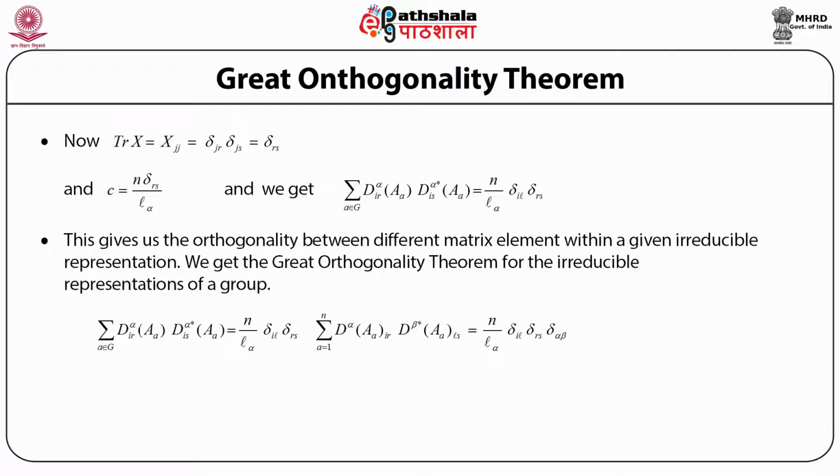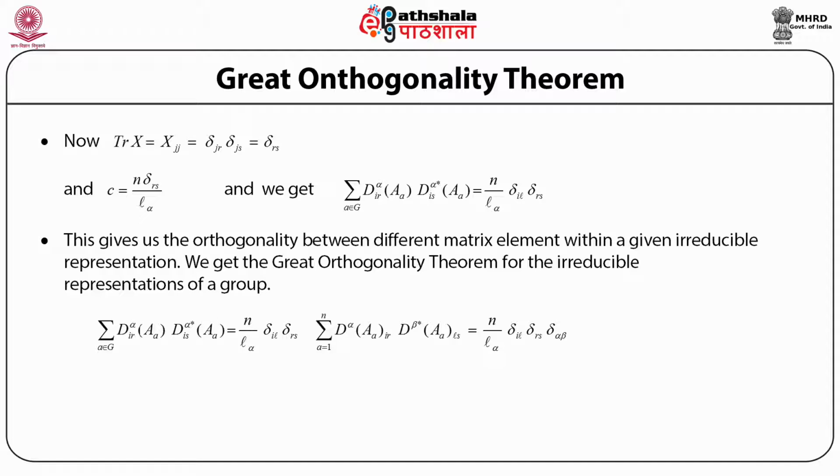That is, if two representations are of different dimensionality, alpha and beta, then they are orthogonal, and the final relation is that D^alpha_ir(A) multiplied with D^beta*_ls(A), summed over all the group elements from 1 to n, where n is the order of the group, is equal to the order of the group divided by the dimension of the representation, with the condition that the two representations have to be equal, otherwise this product is 0. So delta alpha beta represents that.